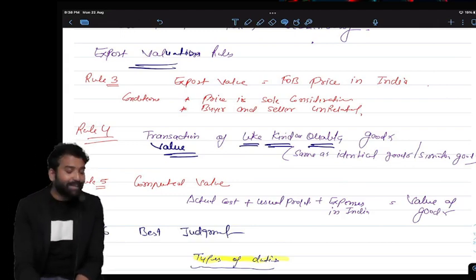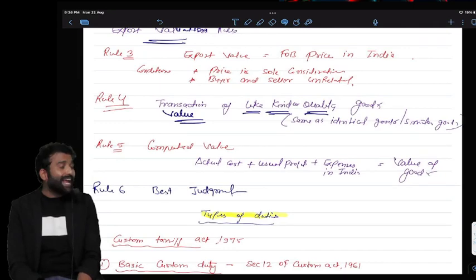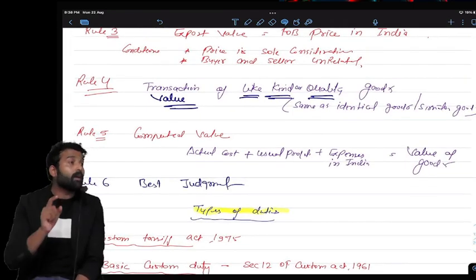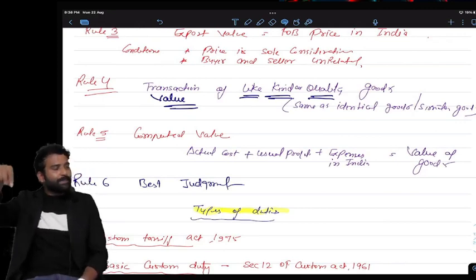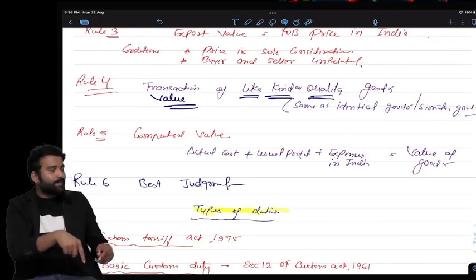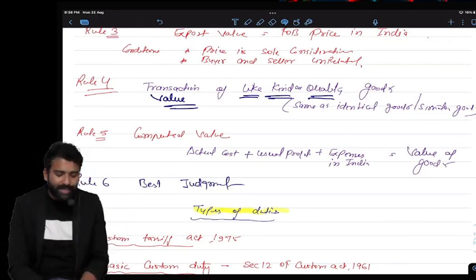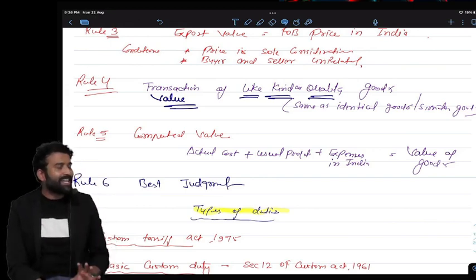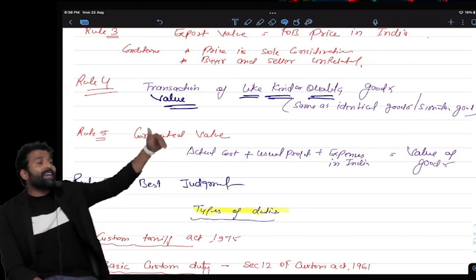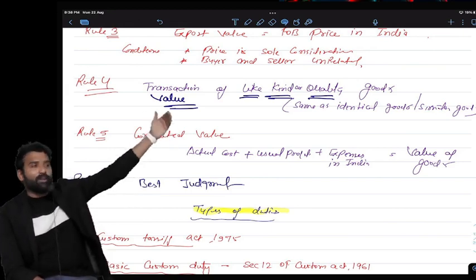If I am not able to find out the value of like kind and quality, then I will go for computed value. Like in India, what is the cost of production, then the profit margin, and then all the expenses in India, that will help us to find out the FOB value. There is no deductive valuation in export because I cannot find out the sale price abroad.